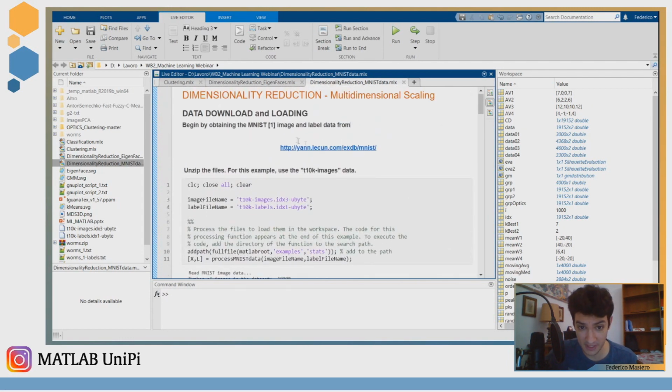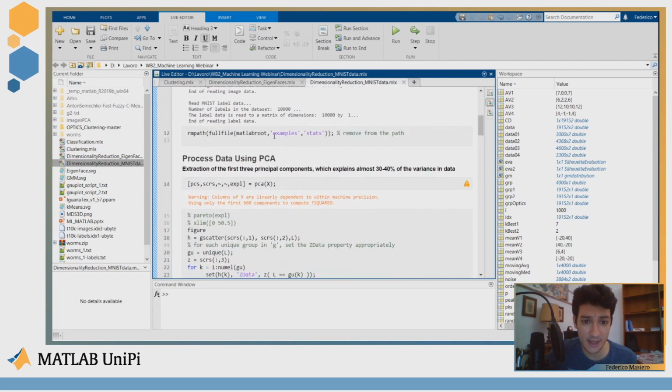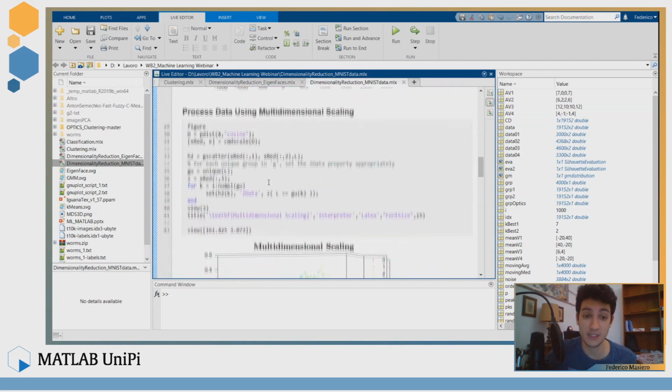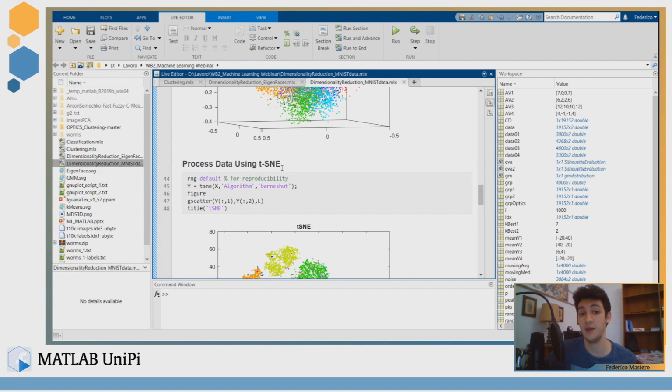After having loaded the MNIST dataset that you can download from here, I flattened the data, and then I started by using PCA, multidimensional scaling, and also t-SNE, which, if you remember, is another dimensionality reduction technique that I mentioned when I told you that PCA is not able to represent, for instance, a nonlinear manifold.